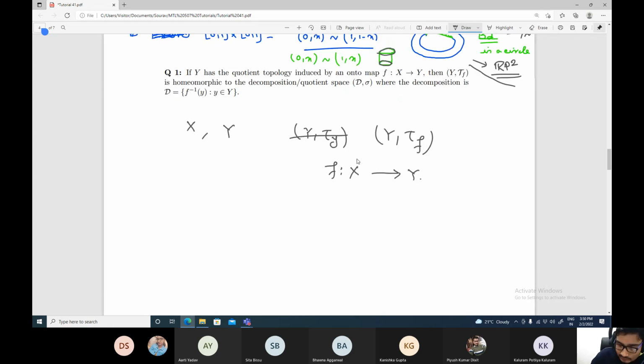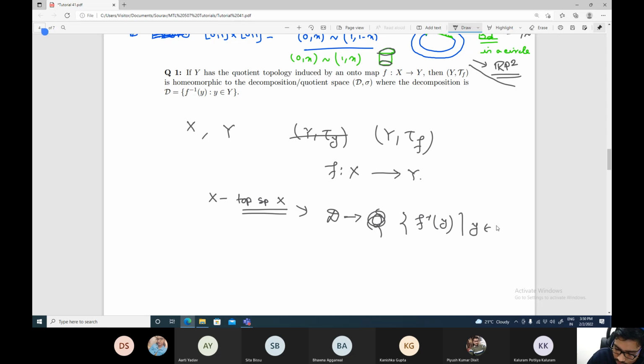On the other hand, if you are given simply a topological space X, then you can also give a partition D with respect to this function f, means D will be the collection of all f inverse of y.